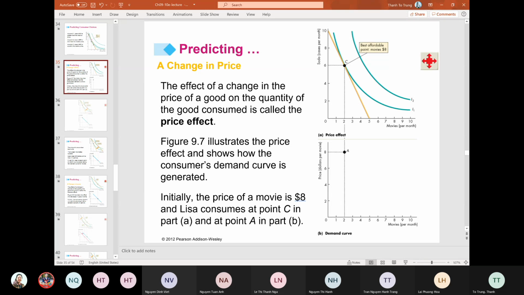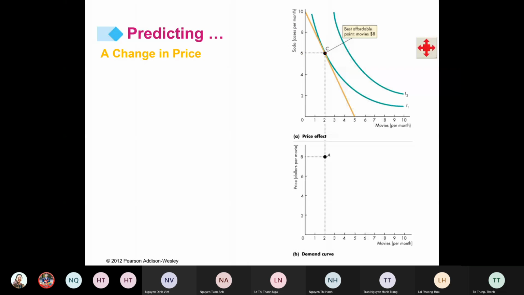So first we start from this slide, where I suppose that in the beginning, point C is the best consumption combination for Lisa. And at point C, the budget line and indifference curve are tangent.